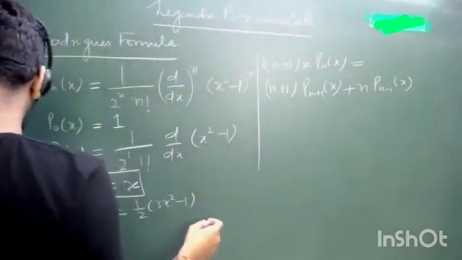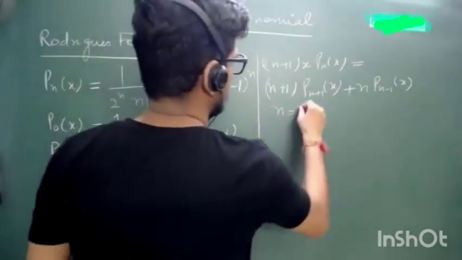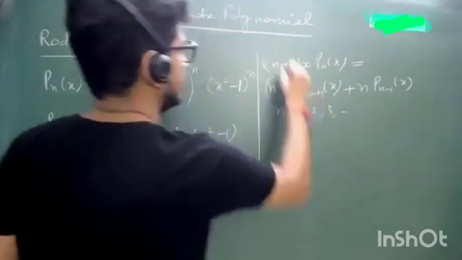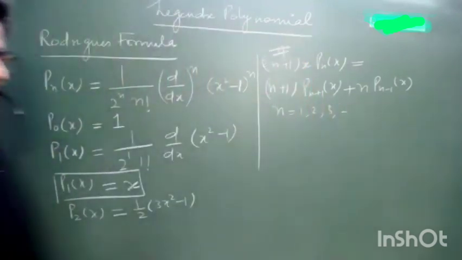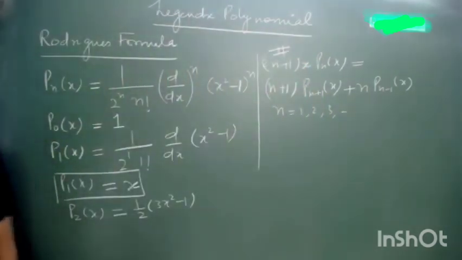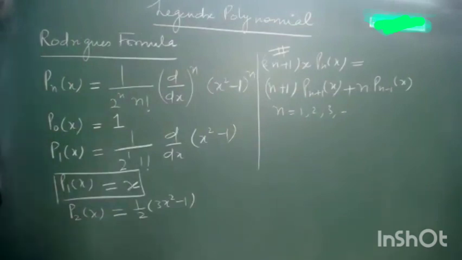Okay, this is the relation, and the value of n is equal to 1, 2, 3, and so on. I want to know that if so many such options are given, can you tell which one of the relations is correct?